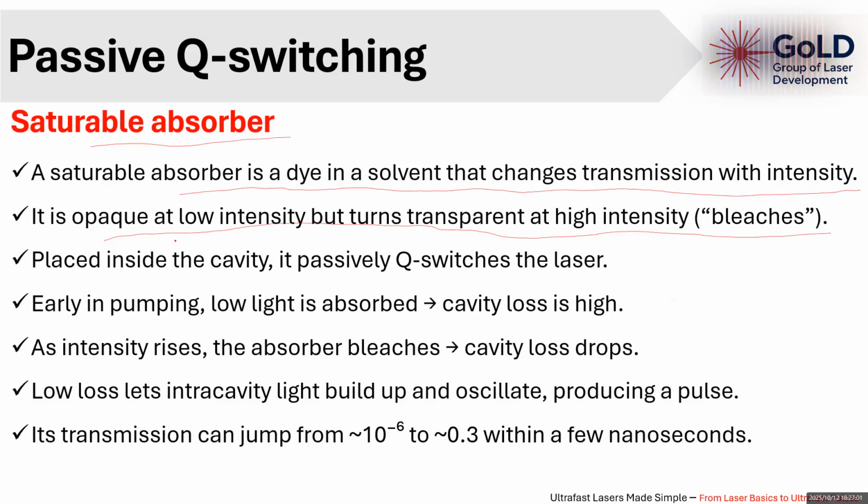It is opaque if the intensity is low, and light is not passing through. But if the light is very intense, then it becomes transparent. Okay, it bleaches.